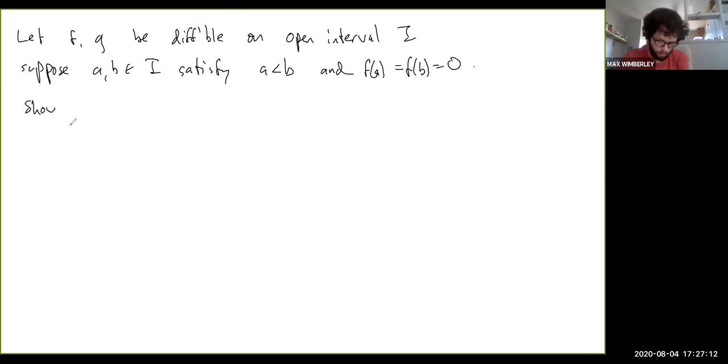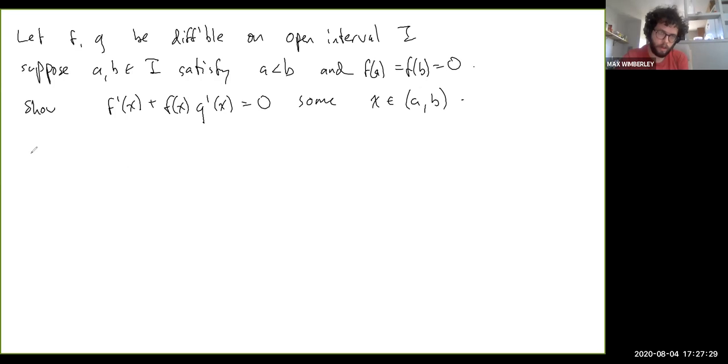Show that f prime of x plus f of x g prime of x equals 0 for some x in (a, b). And there's a hint.